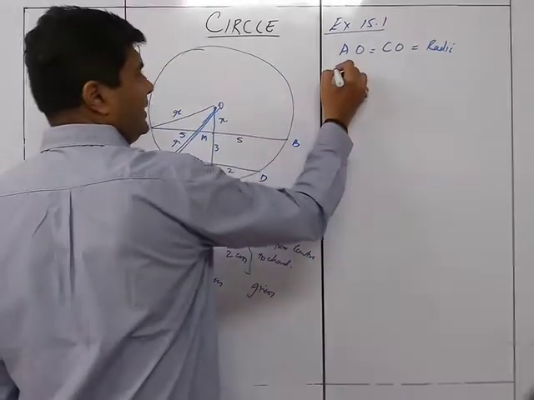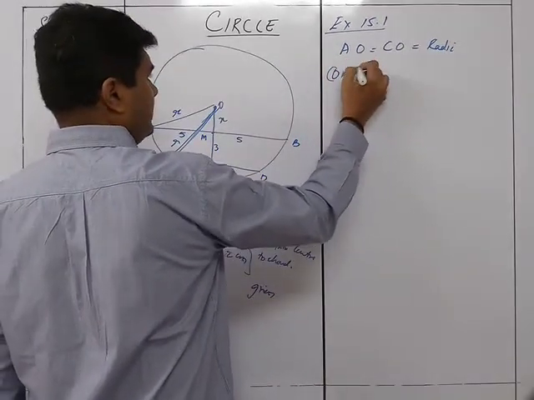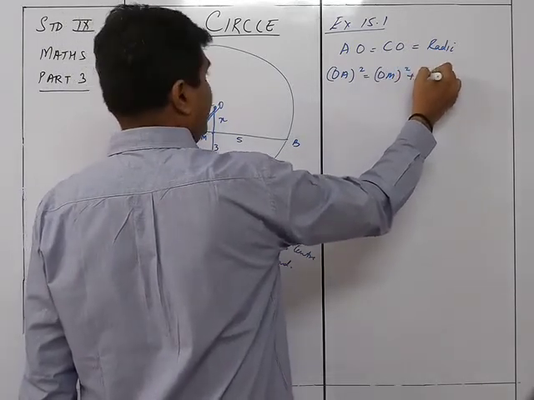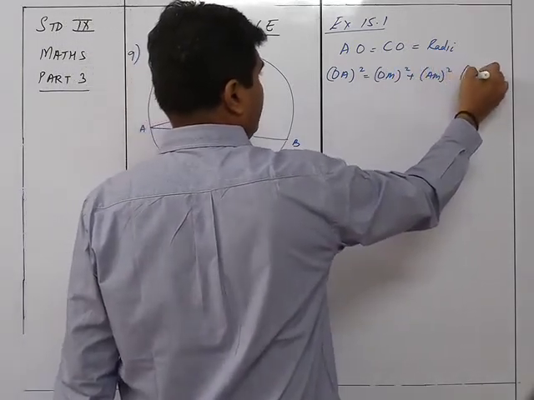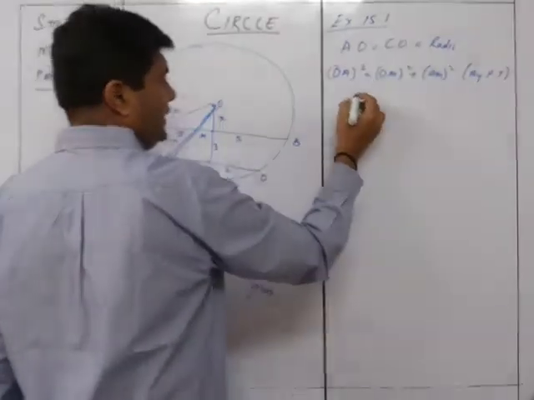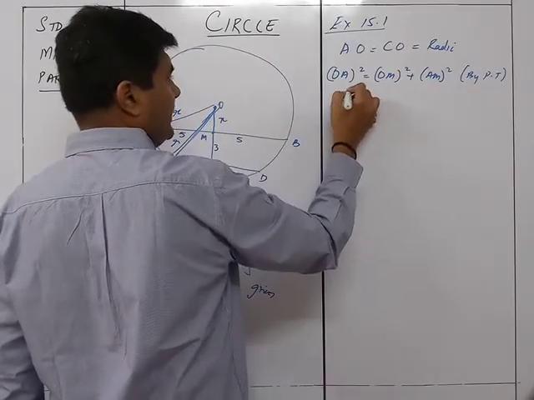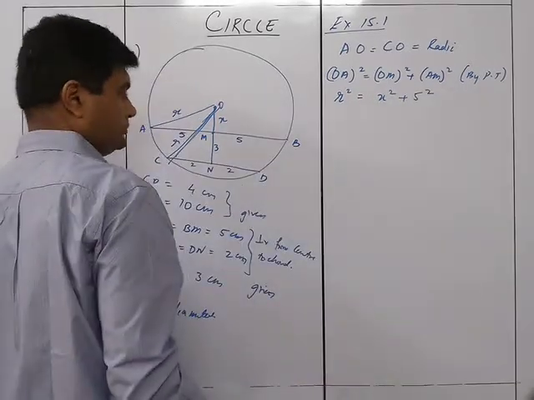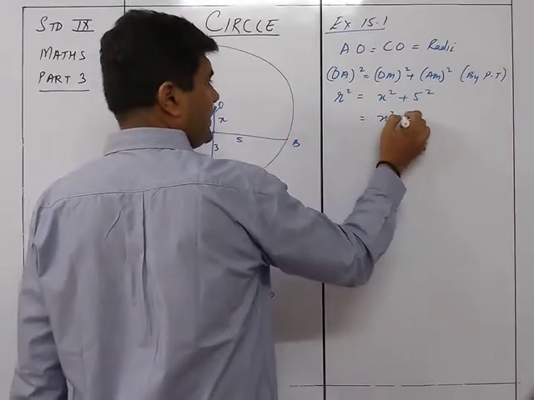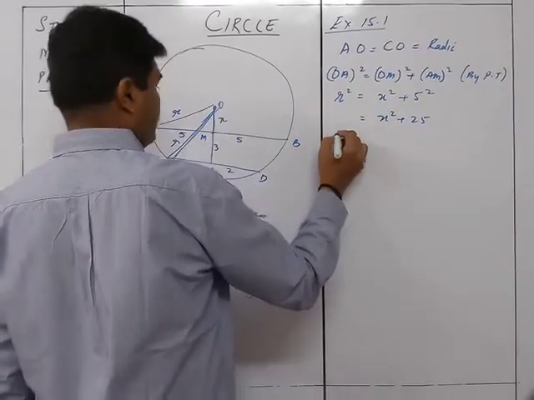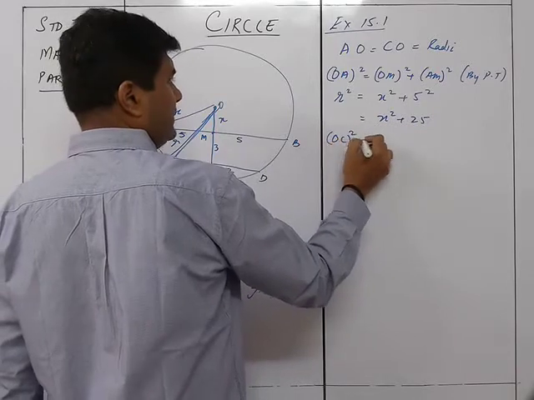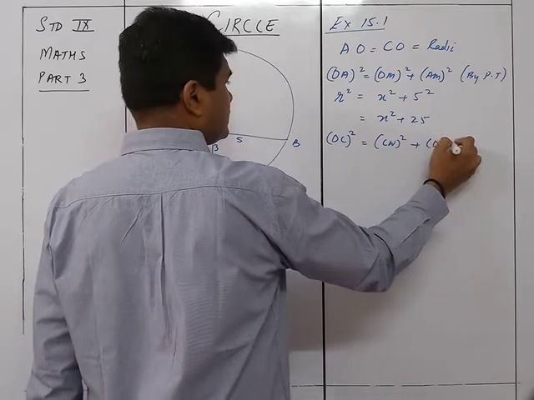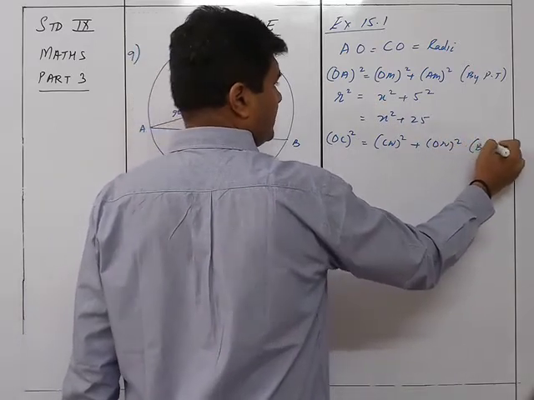We have that AO square is equal to OM square plus AM square by Pythagoras theorem. So R square is equal to X square plus 5 square, which is X square plus 25. Similarly, OC square is equal to CN square plus ON square by Pythagoras theorem.